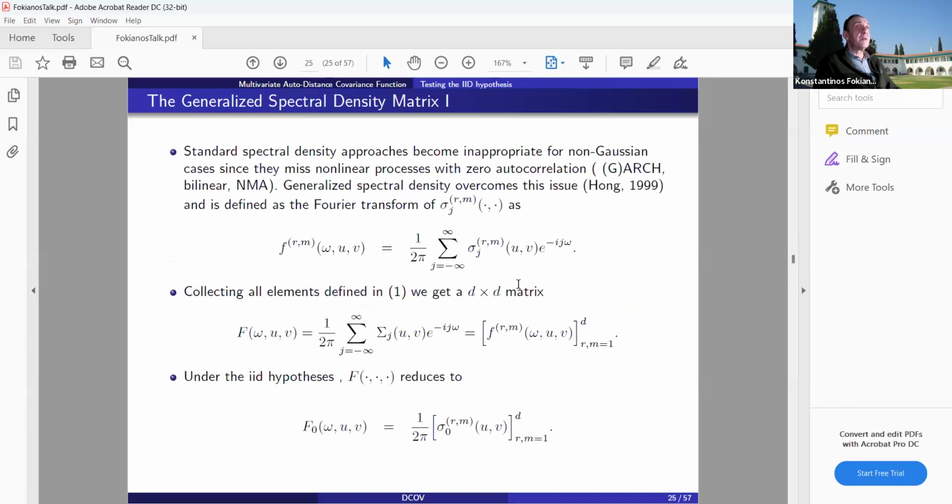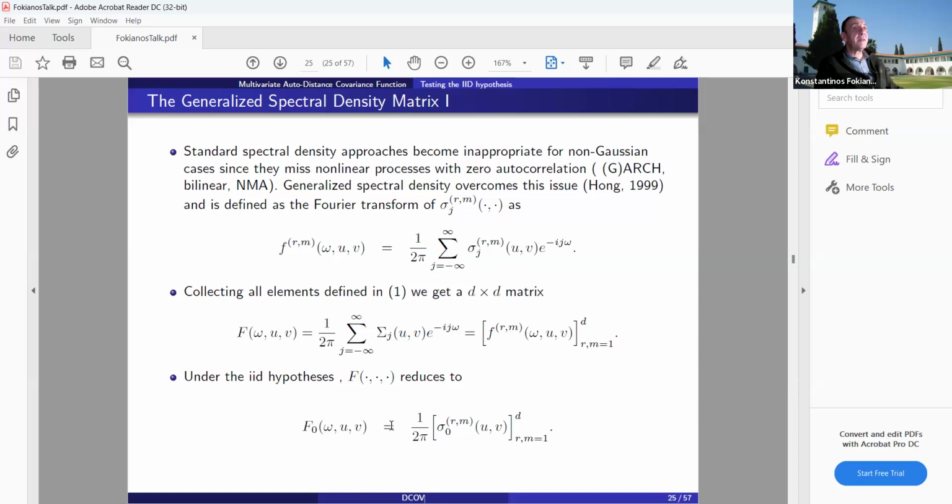And so you take the inverse Fourier transform, so you can write the spectral density because there is stationarity. And then you can put them all together in the matrix. So omega is the frequency. If your data are IID, then this f function, you see, everything drops down except the value at 0.